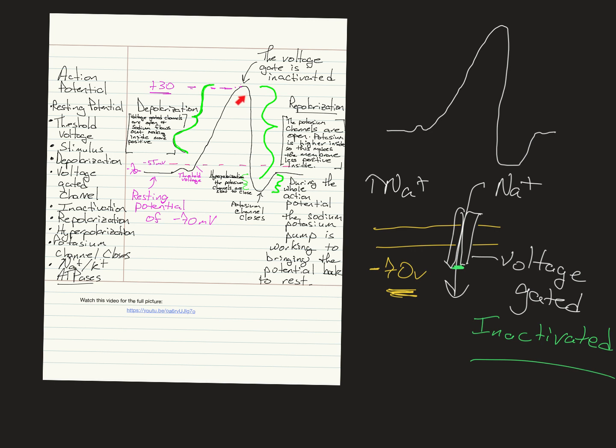And because of the potassium channels, they're leaking, and you have the sodium potassium pump pumping, this side of the potential becomes more and more negative. And these potassium channels are slow to close, so they keep flowing potassium out until this actually becomes hyperpolarized.